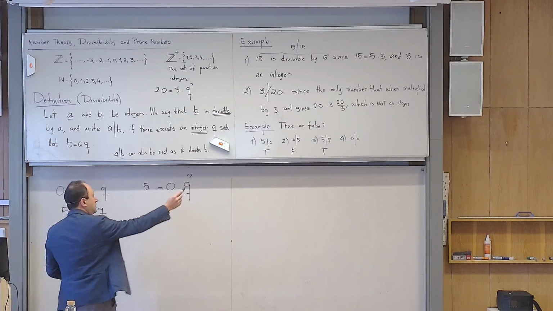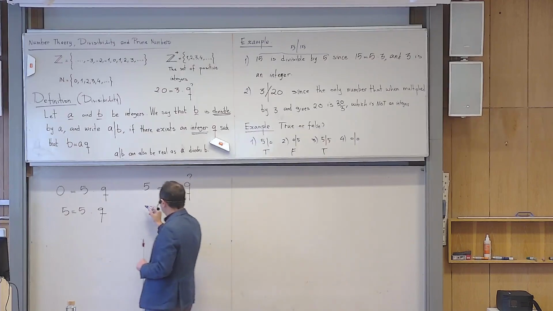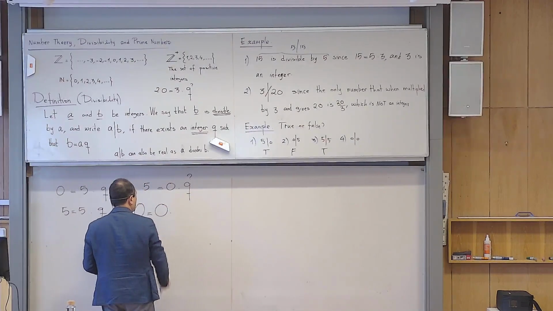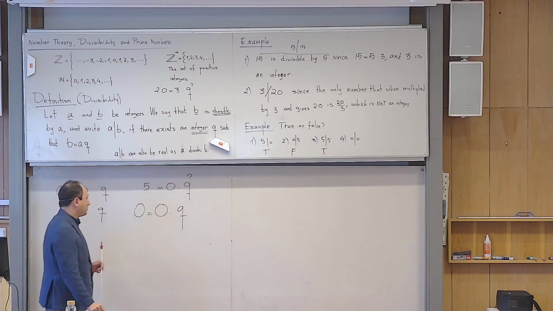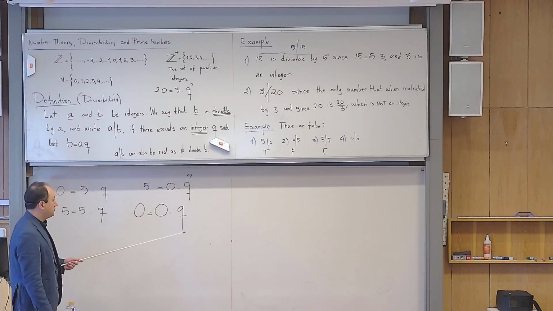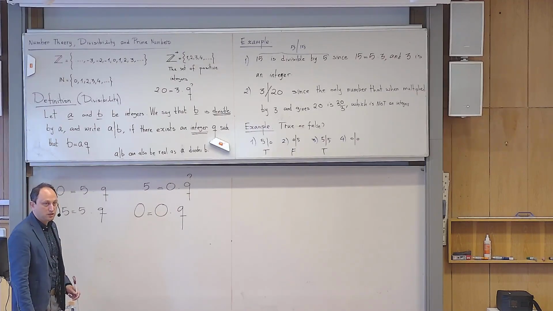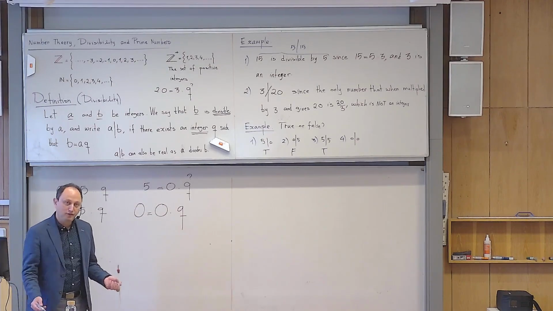Because you need to do the same thing. You write the number on the right here, equals the number on the left here, okay, multiplied by a q. Then you ask yourself, is it possible for me to find an integer so that when multiplied by 0 it gives me 0? Is the answer yes? Yeah. And here, by the way, you have how many of them? Infinitely many.